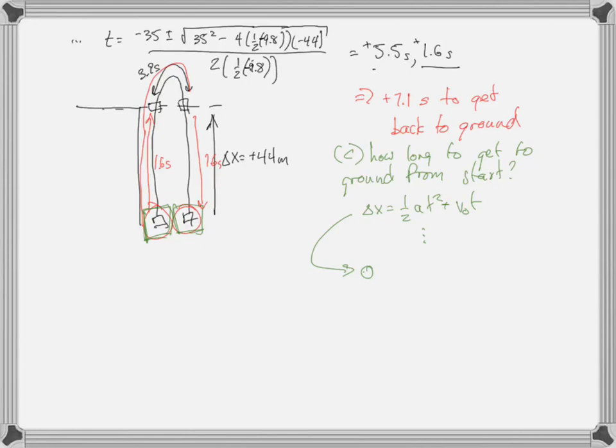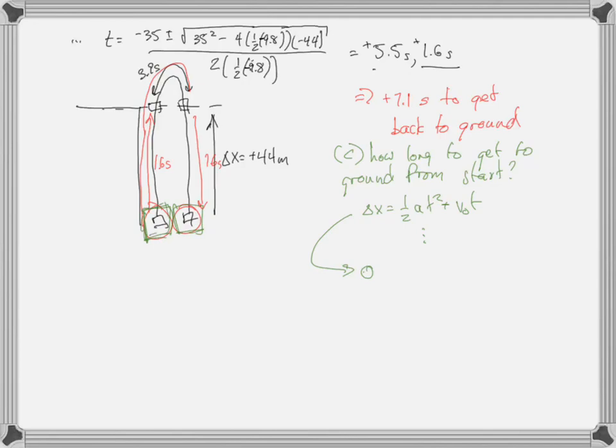Now you say, but wait, how can I do that? It's going up and then down, but it's got a constant acceleration the whole time, so we can compare those two points. If the acceleration changed at any point, if this was a car driving and it stopped and started, then we would have to break it up into constant acceleration pieces. But this is accelerating constantly the whole time.